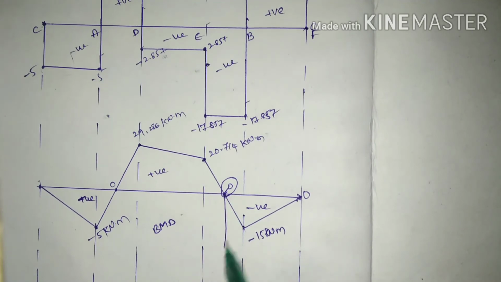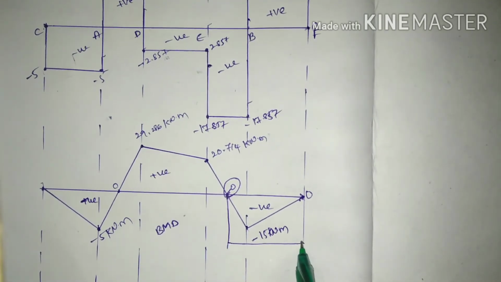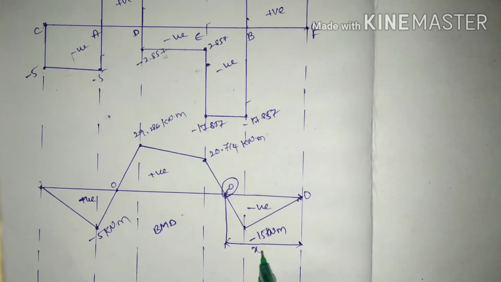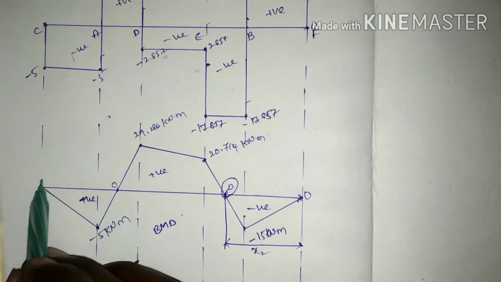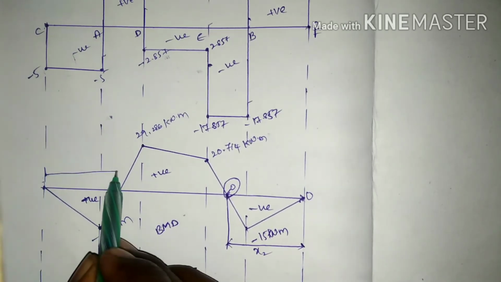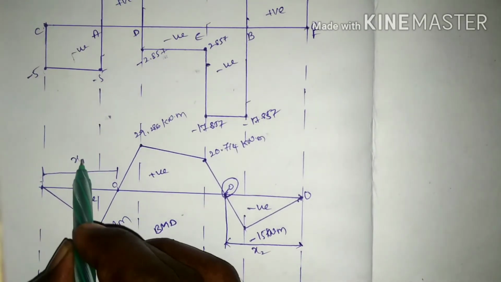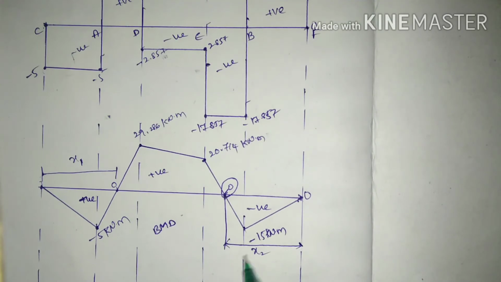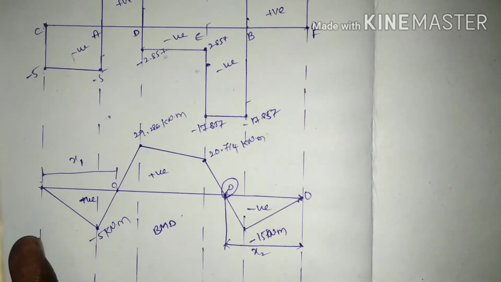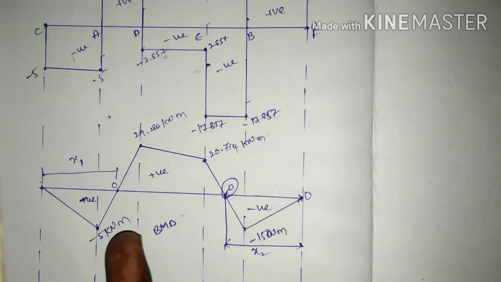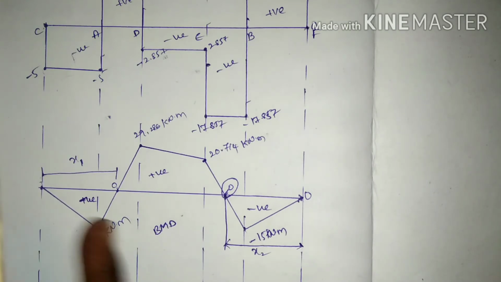Consider the distances x1 from C and x2 from F. Taking the moments about the x2 distance from F, and taking the moments from A with a distance of x1, we will get the value of the point of contraflexure.